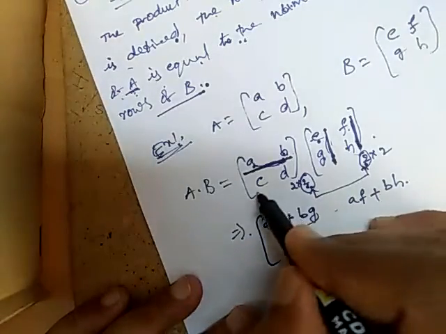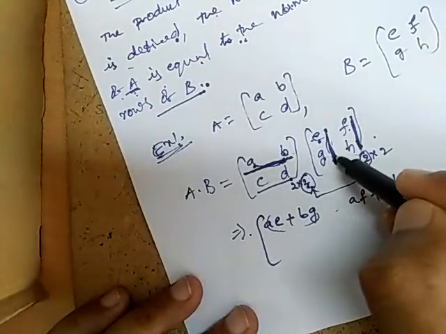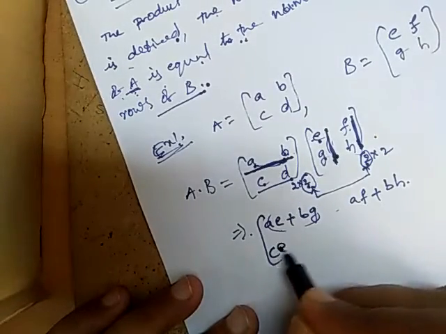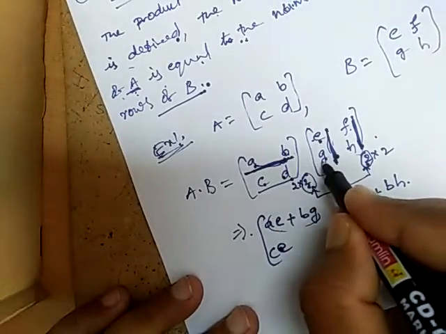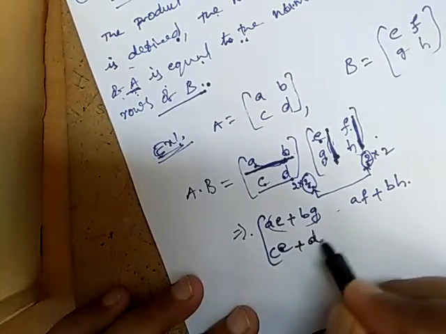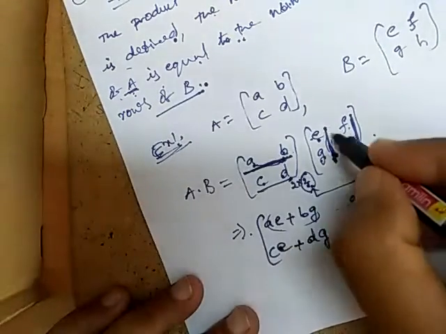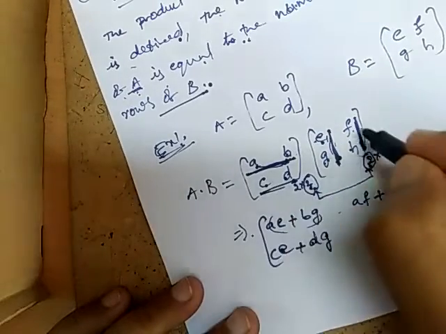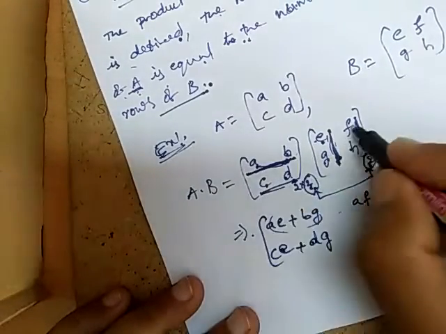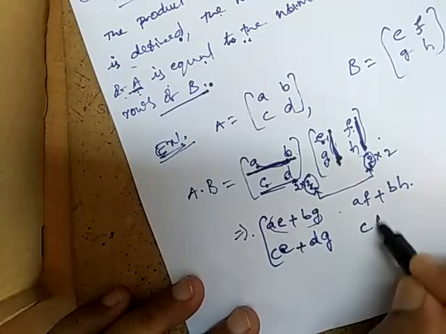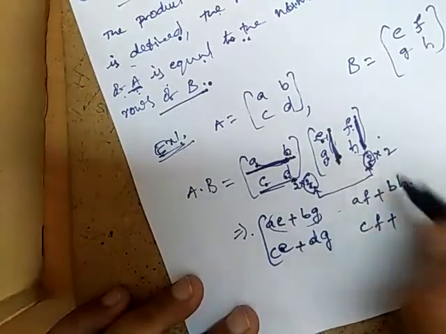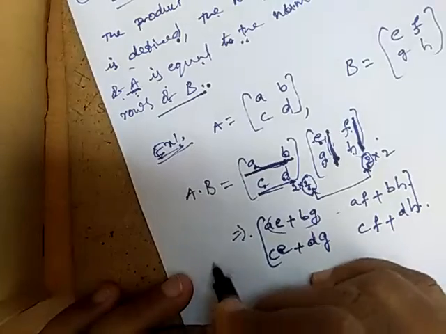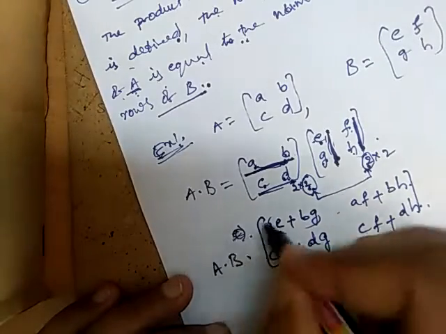Next, second row, first column: C into E plus D into G. Again, second row, second column: C into F plus D into H. This is the matrix multiplication.